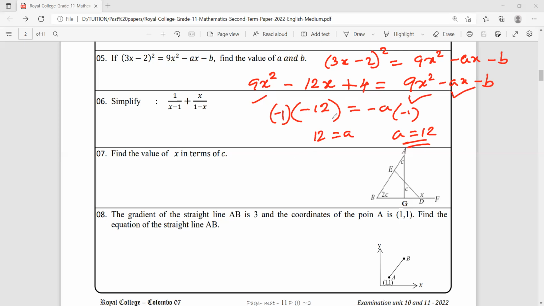And you can see the constant here, that is 4, and here is minus b, then you can say 4 is equal to minus b, and then you can multiply both sides by minus 1, then you can see b is equal to minus 4. This is how you get the answer for this question.